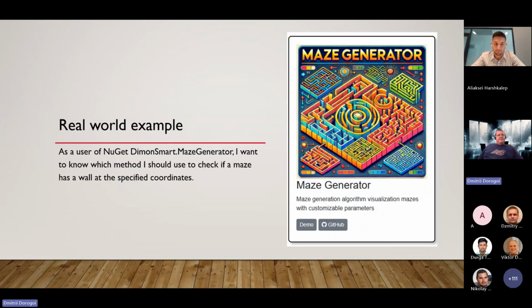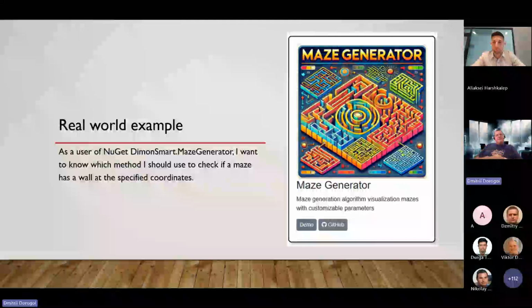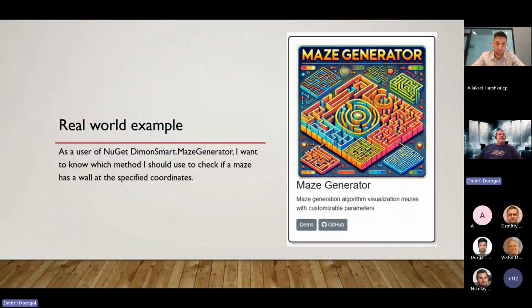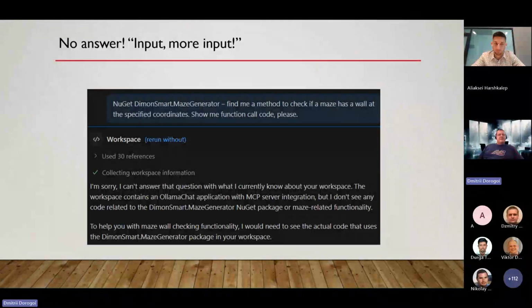When I tried to generate some mazes with Visual Studio and with Copilot, I found the problem that it sometimes hallucinates and suggests wrong methods, non-existent methods, or even methods from different libraries. I have a special NuGet package for generating mazes, and I'd love to use it. But unfortunately, Visual Studio doesn't know about this package.